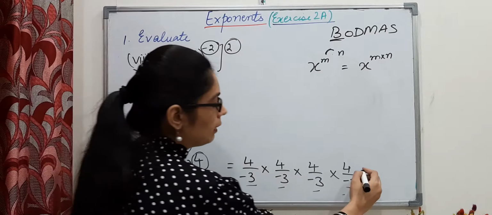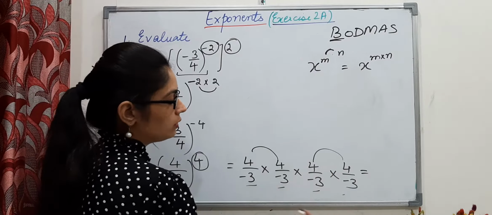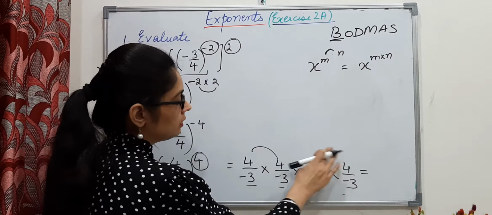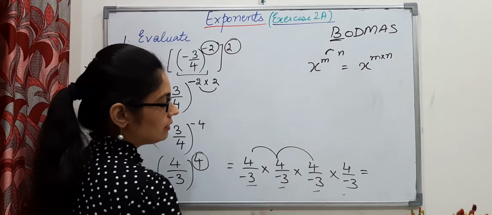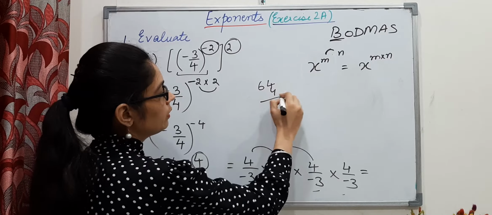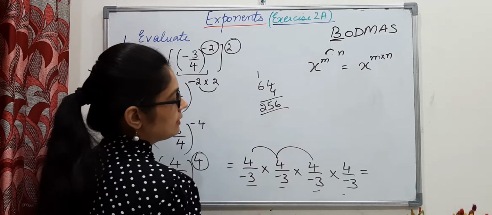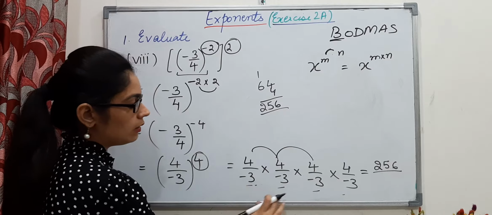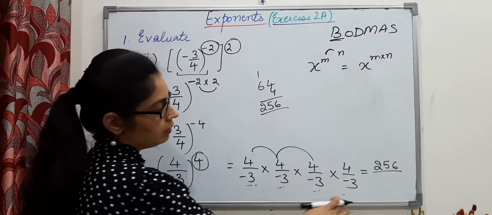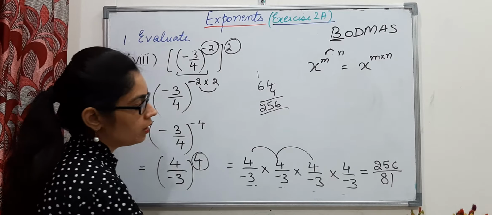So we can multiply now. 4 into 4 is 16, again 4 into 4 is 16, and 16 into 16; this way also you can do. 4 into 4 is 16, 16 into 4 is 64, 64 into 4 is 256. And 3 into 3 is 9, 9 into 3 is 27, 27 into 3 you multiply, it will be 81.